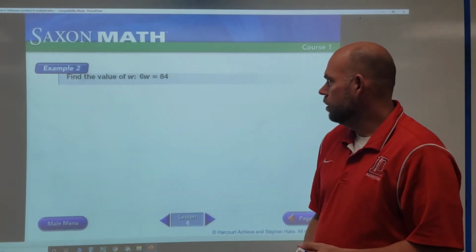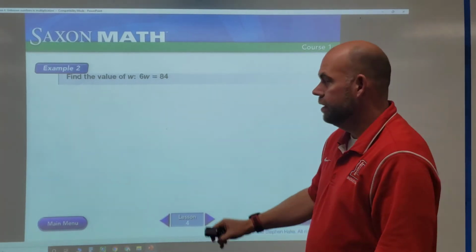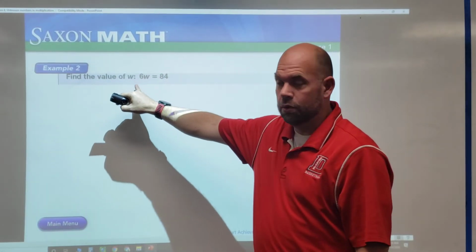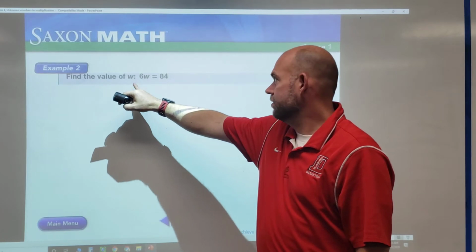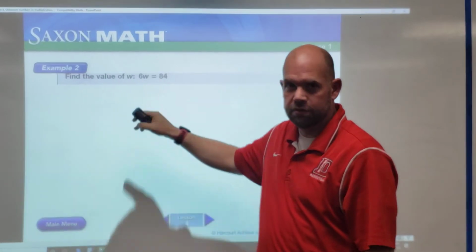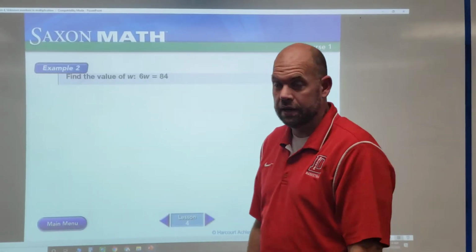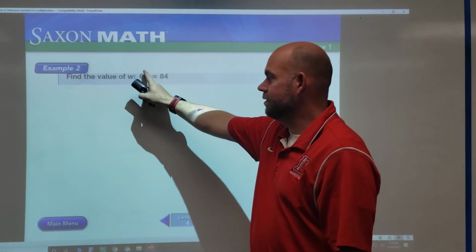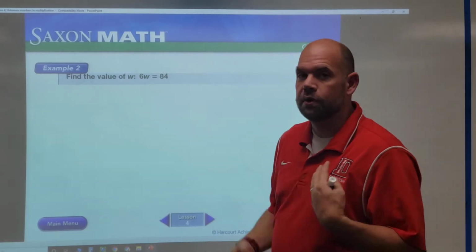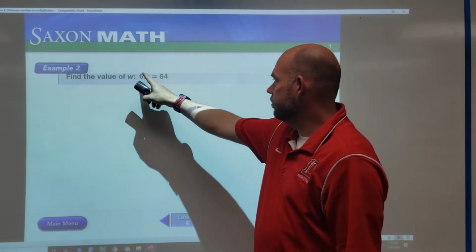Okay, so now we can do the same thing here. It's the same problem, they just wrote the multiplying different, right? So instead of 6 x w, 6 times w, we just are writing them together. That means it's multiplying. Or you could put the 6 in parentheses or the w in parentheses, and we know they're multiplying. So here, we just want to divide by 6.